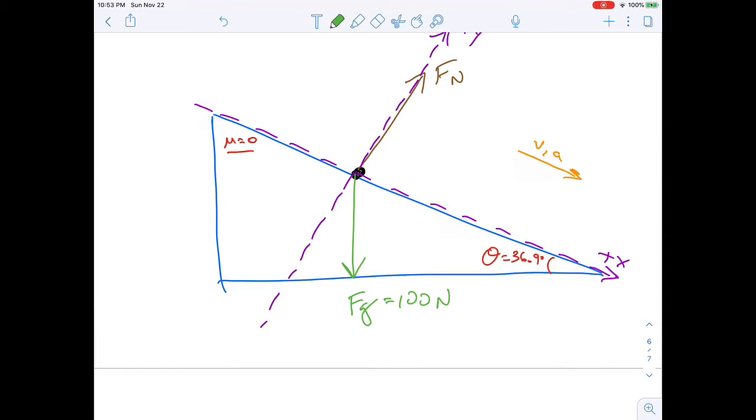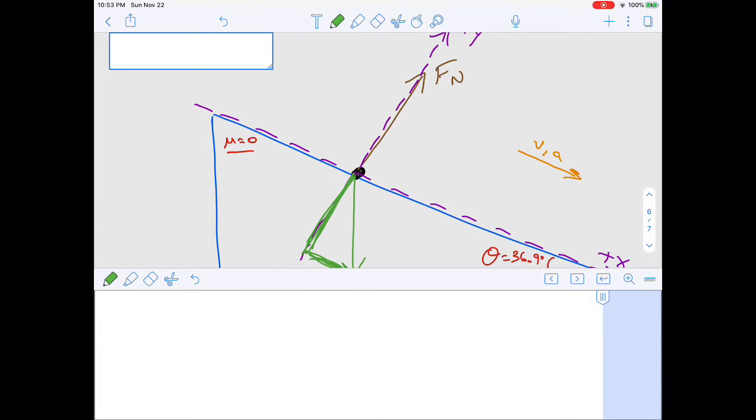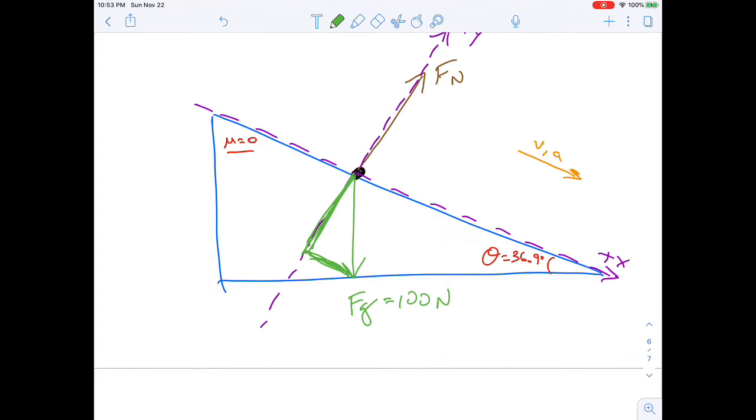That would mean that the components have to be here and here, because that would be a 90-degree angle along the y-axis and along the x-axis. And of course we need the direction of those. So we need to know that the gravitation is going to act this way and this way.